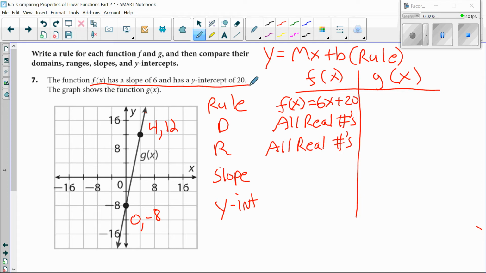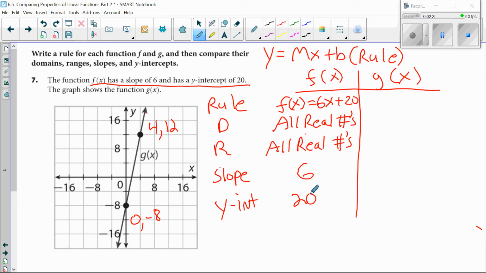Now I'm going to go ahead and write my slope. Once you have the equation or the rule written out, you can pick it out real easily. Your slope is 6 and your y-intercept is 20. And that's f of x.